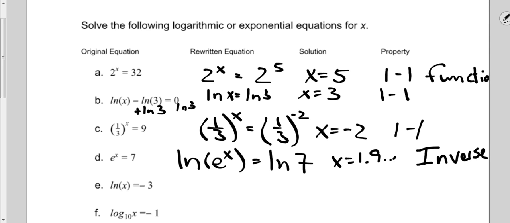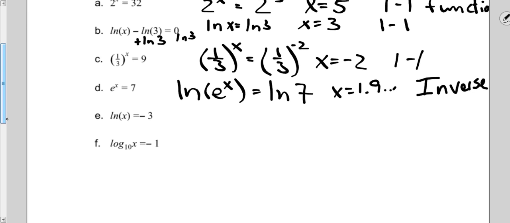So, if the natural log is the inverse to e to the x, what is the inverse to natural log of x? If a is the inverse to b, then b should also be the inverse to a, yes? Yeah. So here's what I'm doing. I'm going to take e to what power on this side?